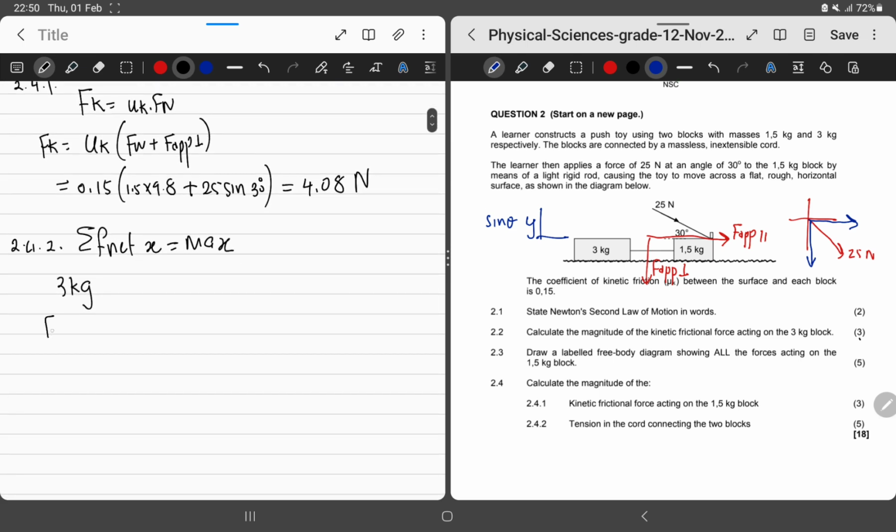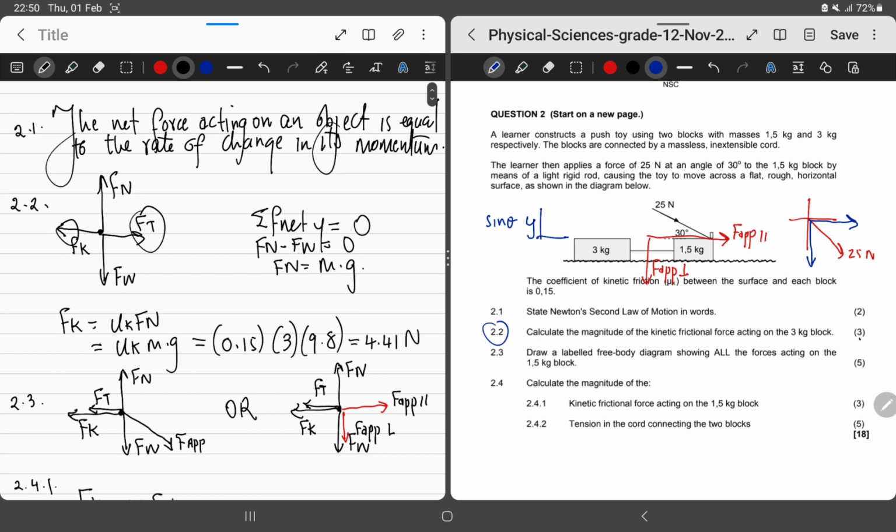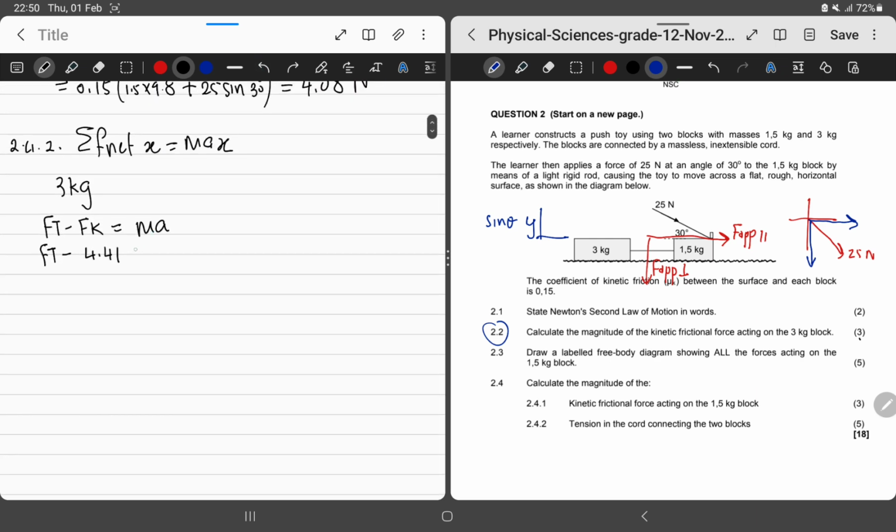So this is tension minus Fk, which is equal to ma. The force of tension we don't know, but Fk is 4.41 from 2.2. The mass is 3, so the force of tension is equal to 3a plus 4.41, which is equation 1.